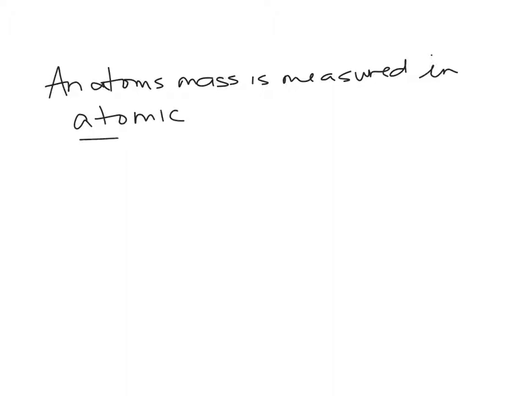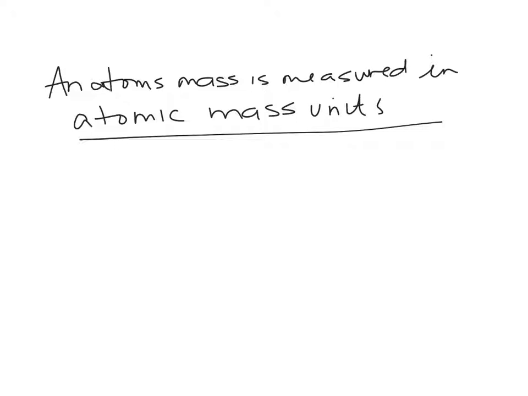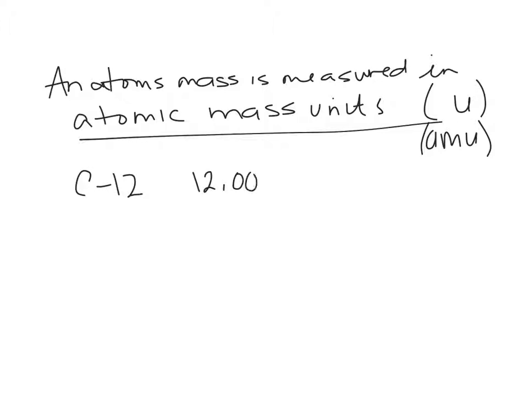Atomic mass units. And the symbol for this is a U. Sometimes textbooks use AMU, but we will use U, the letter U. So one atom of carbon-12 has a mass of 12.00 atomic mass units.